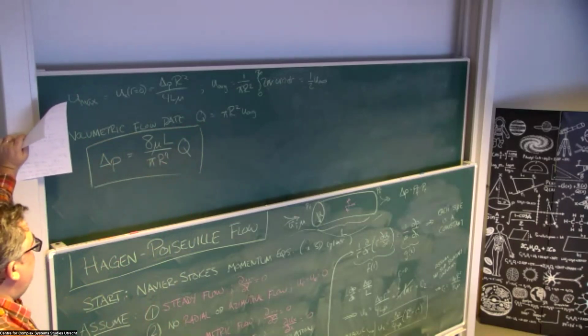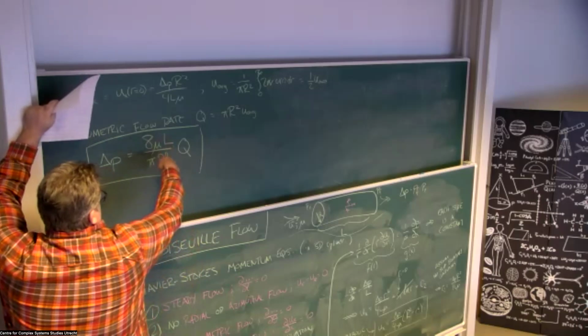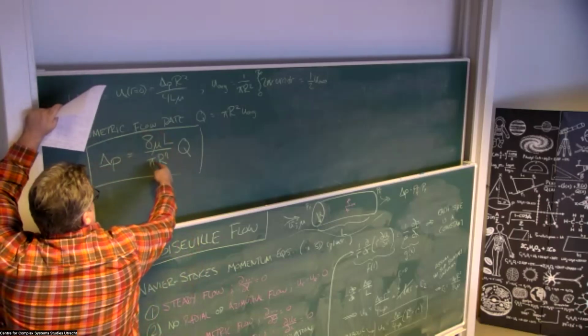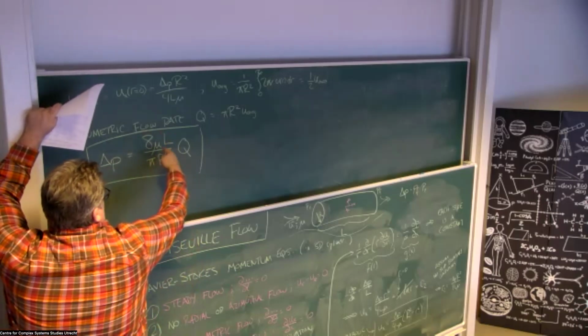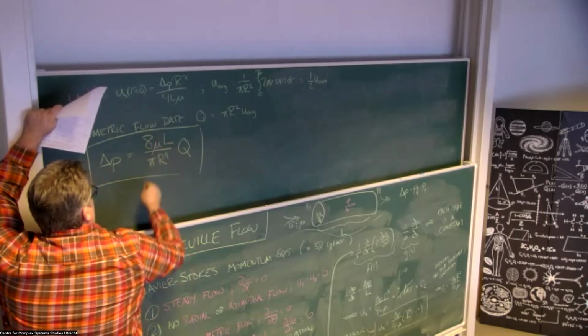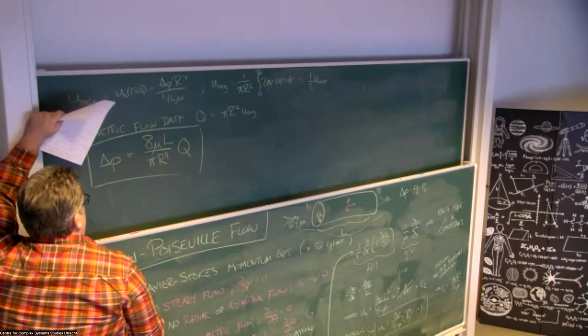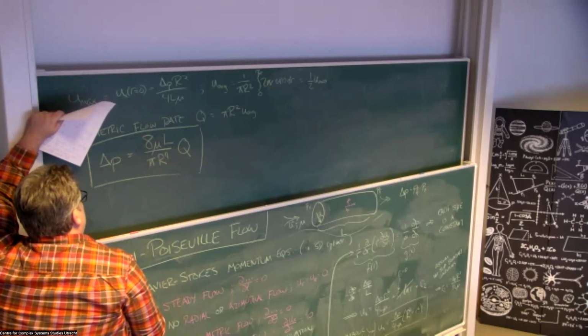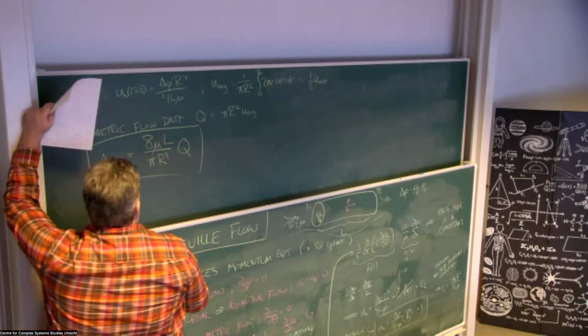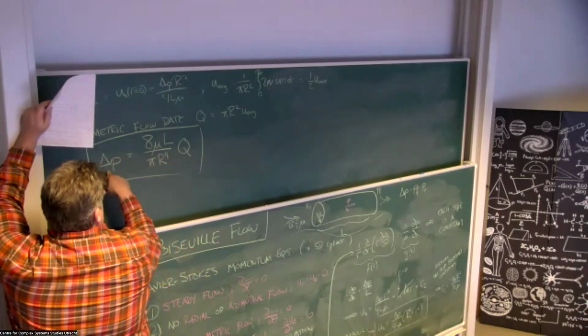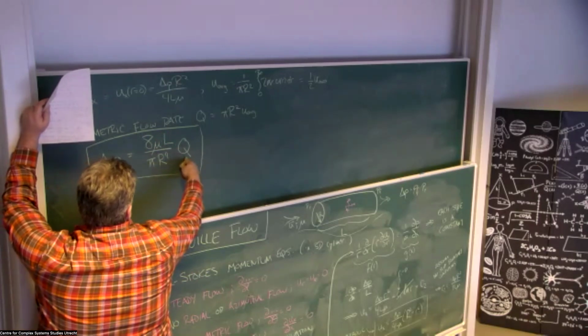It linearly relates the pressure drop in a tube or an edge in a network to the volumetric flow rate, and this combination of factors has to do with the geometry and the size of the pipe and the viscosity, right? And so this is a pressure drop, right? This is a flow, right?